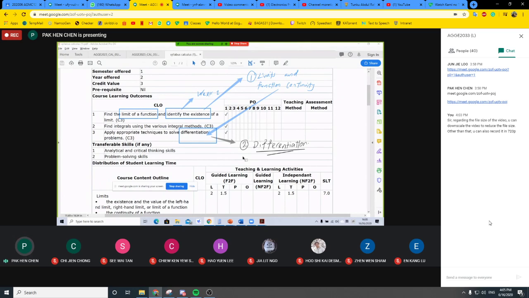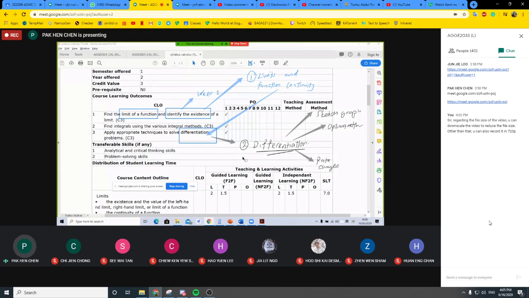We still remember sketching the graph, finding the rate of changes, and also optimization. Have you learned those three areas before? Yes. Sketch graph, optimization, together with rate of changes.